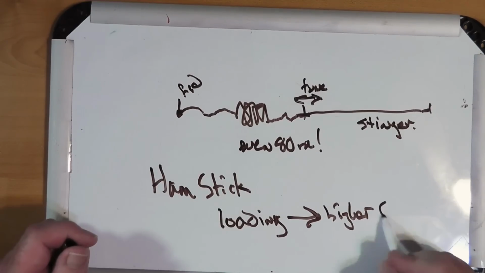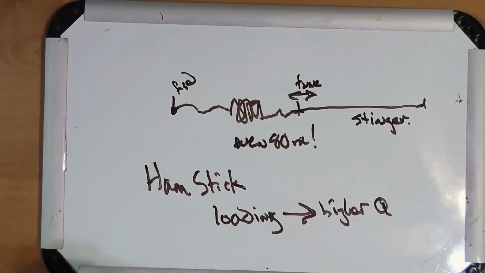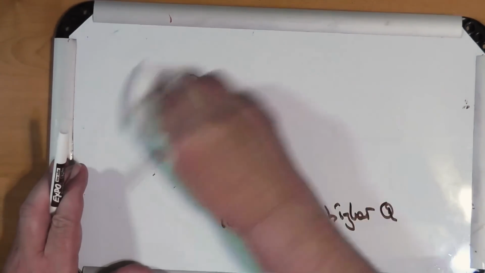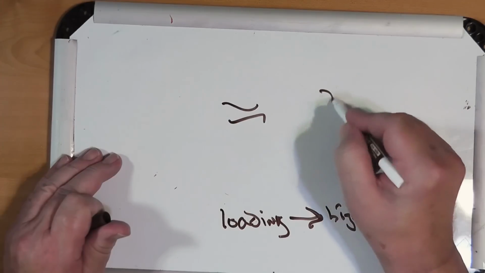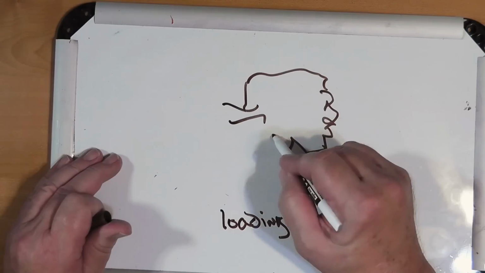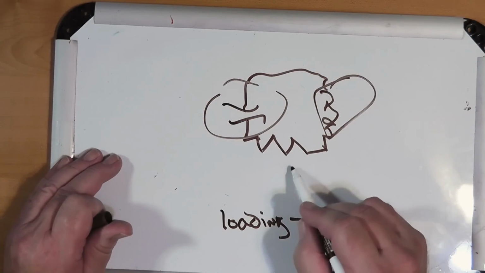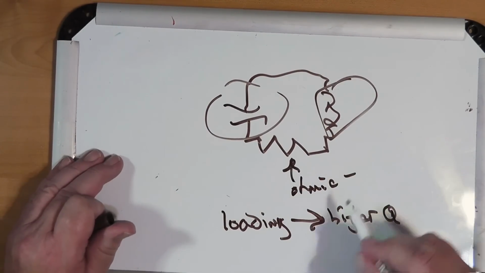The Q of a reactive circuit, you've got capacitance, inductance, and resistance. And you can measure the Q of the circuit. These two determine the resonant frequency, okay? This one right here determines the ohmic losses.